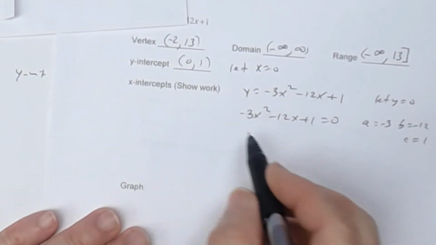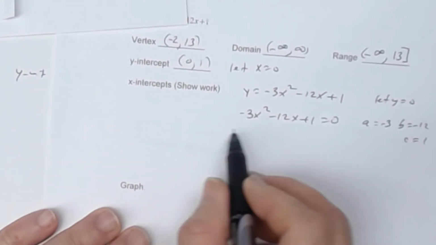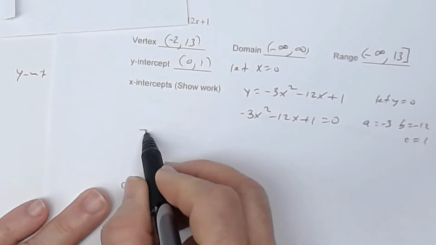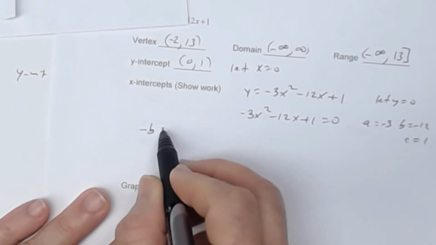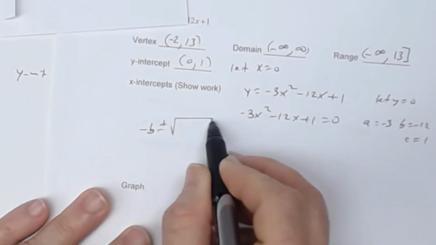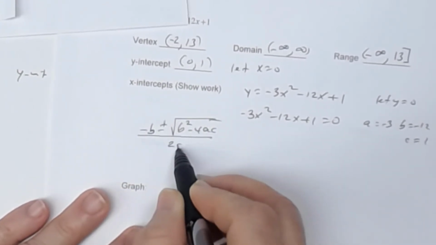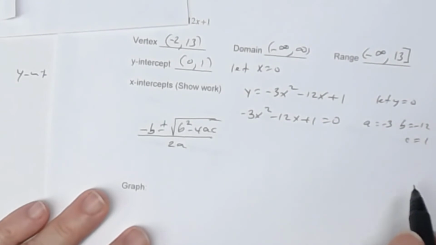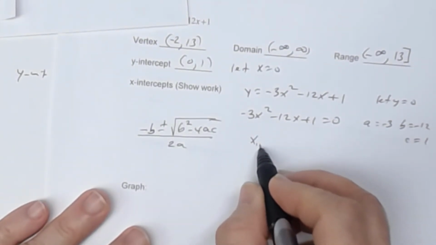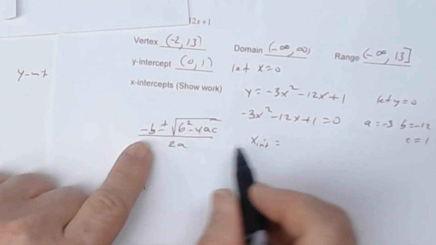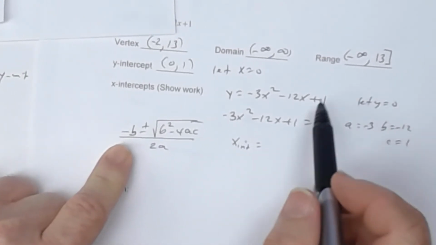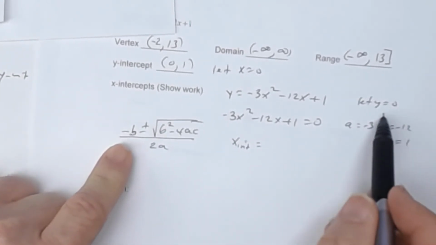So remember, the quadratic formula is this. It's the opposite of b, plus or minus the square root of b squared minus 4ac, all divided by 2a. So here we go. The x-intercepts are going to equal the opposite of b. Well, b is -12.